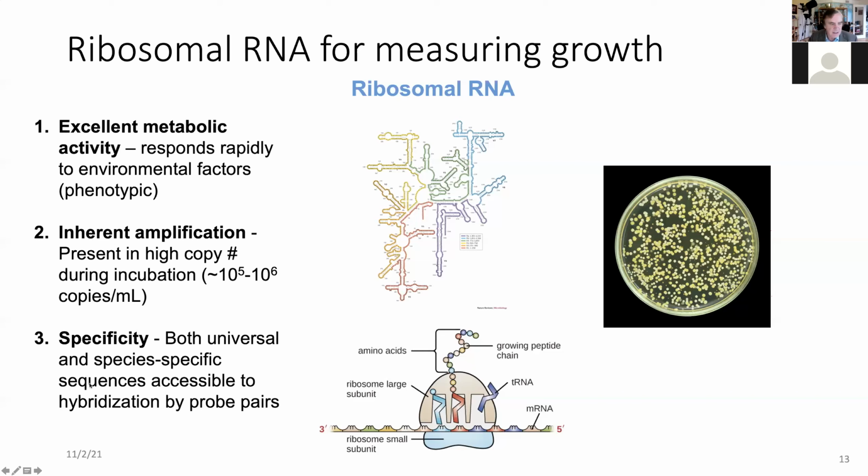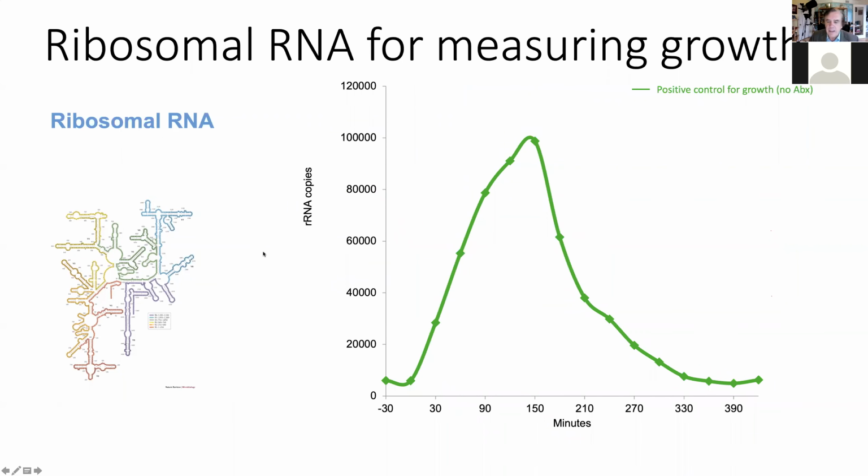Now, how does that work in more detail? I'm looking here at the ribosomal RNA number of copies as a function of time. In this case, this is the growth curve when there is no antibiotics present.